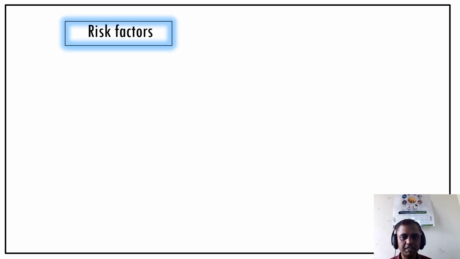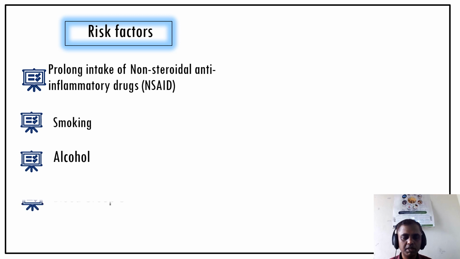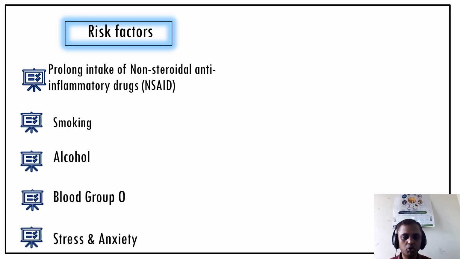There are 4 risk factors for a person to get peptic ulcer: prolonged intake of non-steroidal anti-inflammatory drugs, that is NSAIDs, smoking, alcohol and blood group O, and stress and anxiety. So a person's exposure to this environment makes them prone to get peptic ulcer.